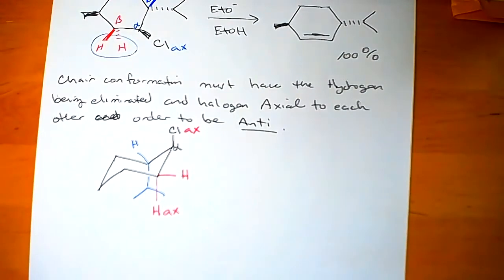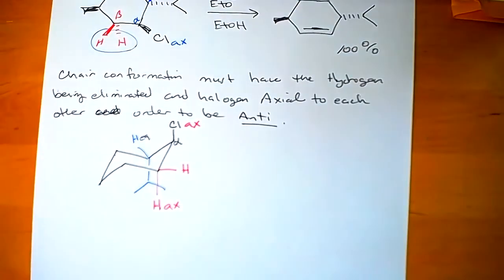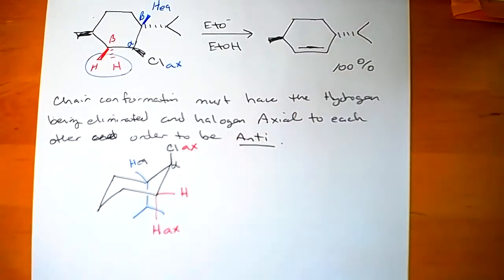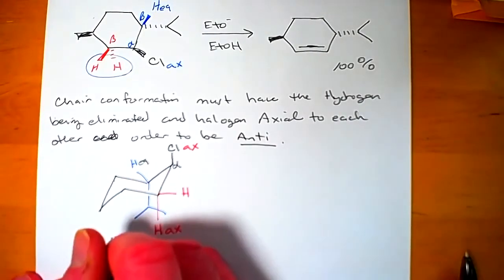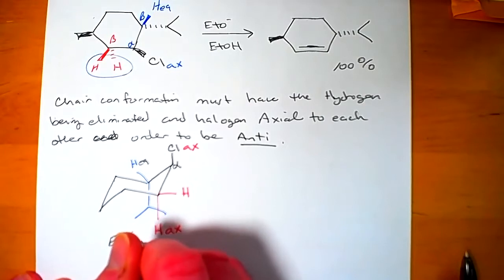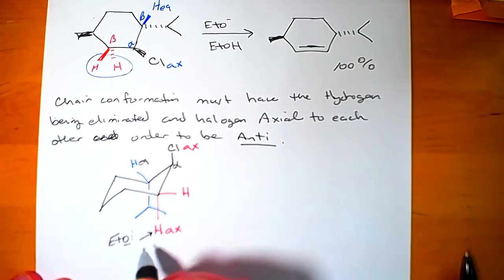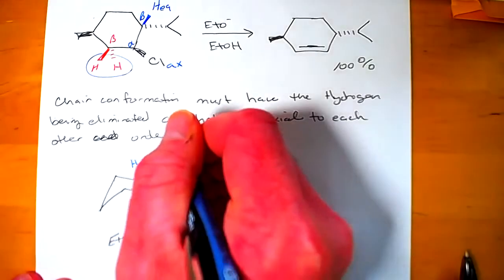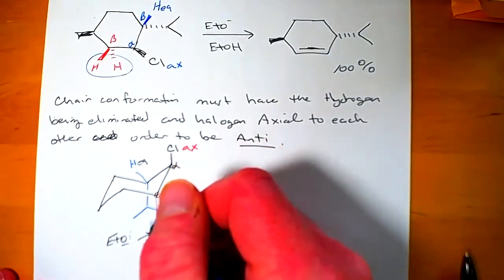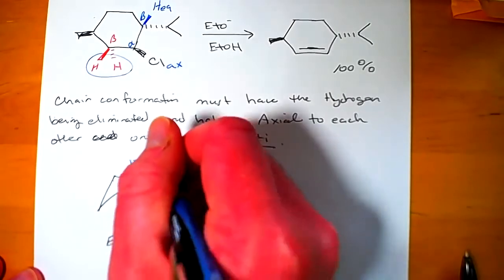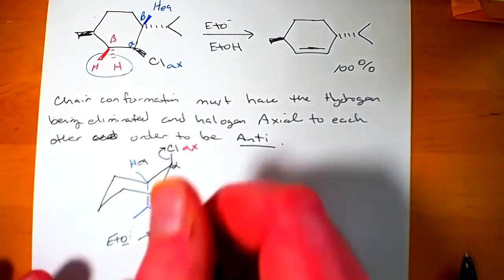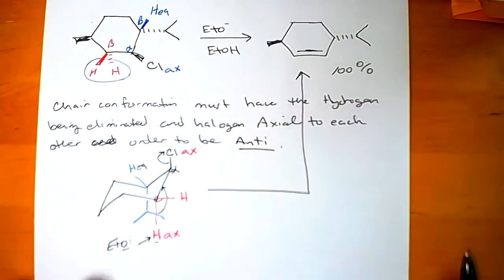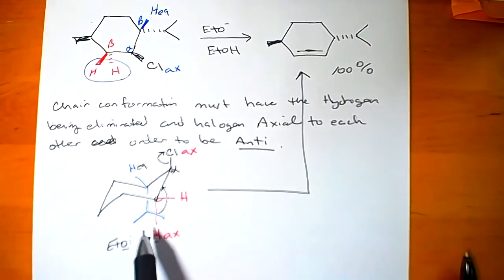And this is the reason we see almost a 100% yield for this particular system: the ethoxide must attack this hydrogen in such a way that the oxygen, the hydrogen, this carbon, and that chlorine are all in the same plane, and that those two atoms are anti to each other. And that can only happen if they are both axial to each other. And so that's what is leading to this product. Now, of course, you don't have to draw the chair out to predict this.